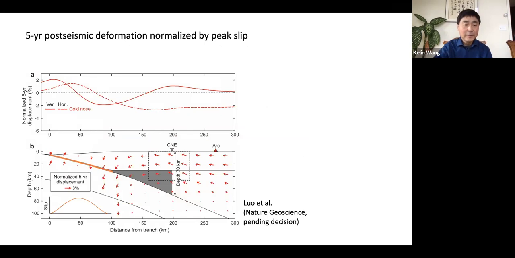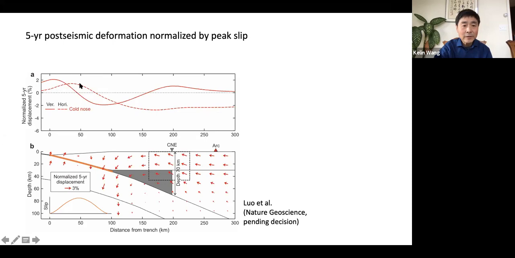In this model, we assume the coseismic slip occurs like that along this part of the megathrust and induces coseismic deformation. But what is shown here is post-seismic deformation 5 years after the earthquake. And this is the displacement field here in arrows in cross-section view. And what's important is what we observe at the surface.